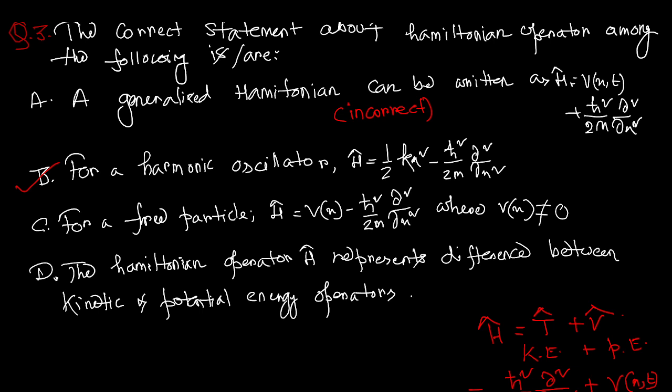For this question, written for a free particle, H is equal to V(x) minus h-bar by 2m d2/dx2, where V(x) is not equal to 0, that makes this option incorrect. So for a free particle, V(x) must be 0.